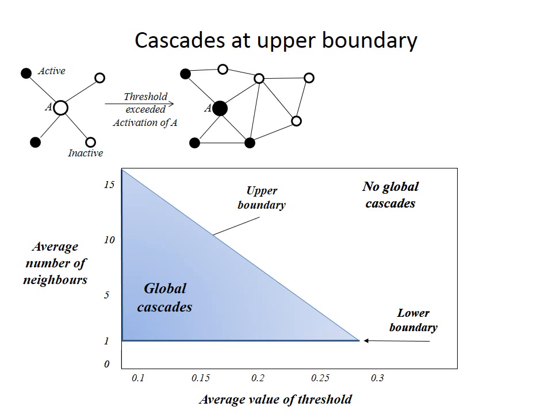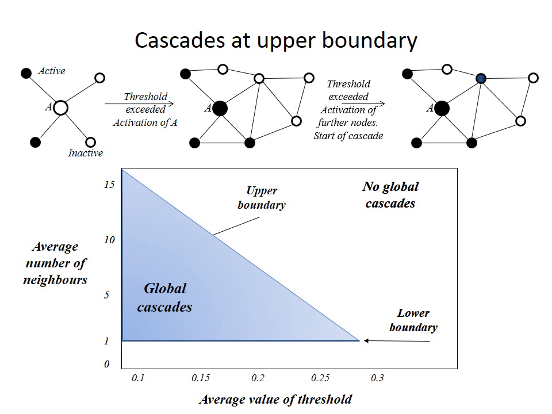But when this node becomes active, then this node is exposed to a majority of neighbors that are active now. And then this node becomes exposed and this node becomes exposed.